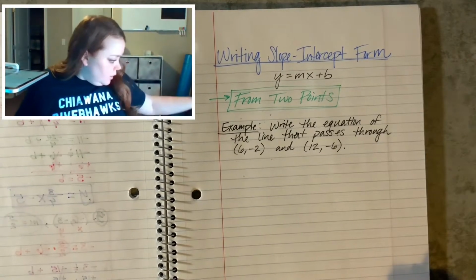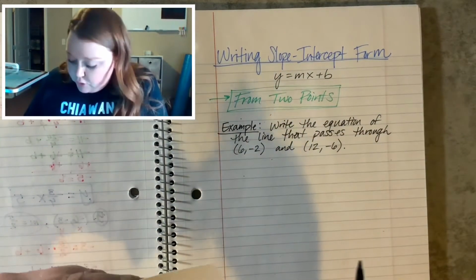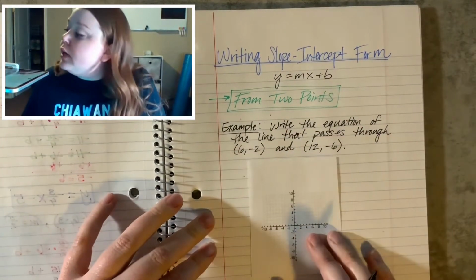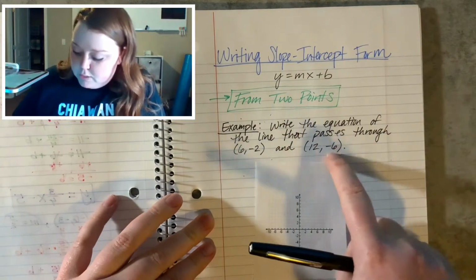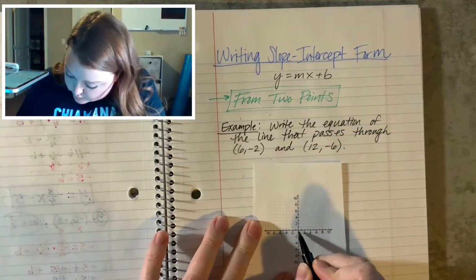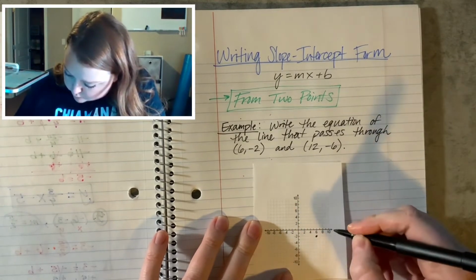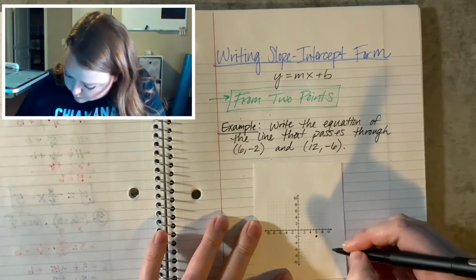So I'm out of little graphs. Oh, no, I'm not. I got one right here. One thing you could do is plot this point and this point, and connect it. So 6, -2 is right here. 12 is off my grid. -6 would be right there.